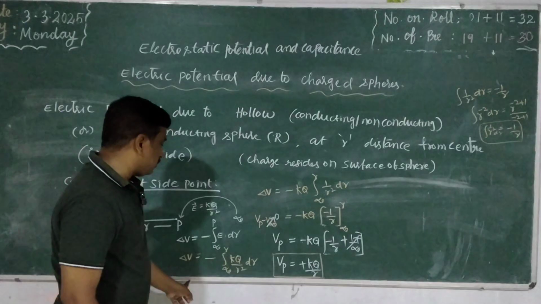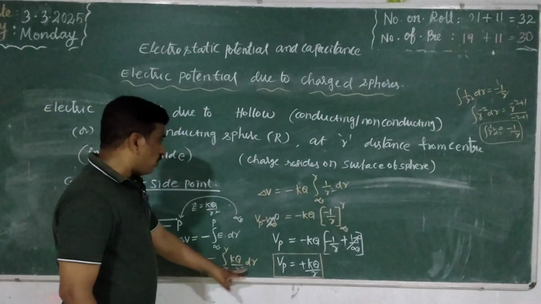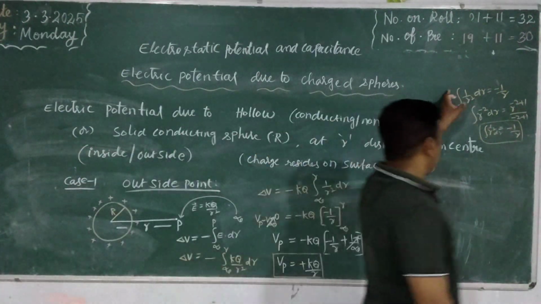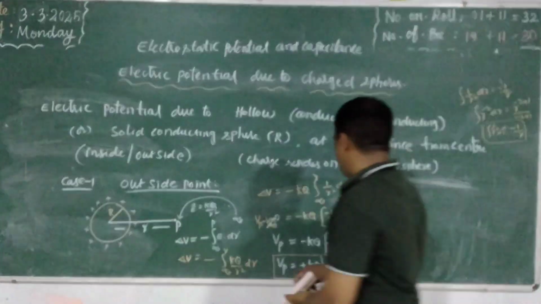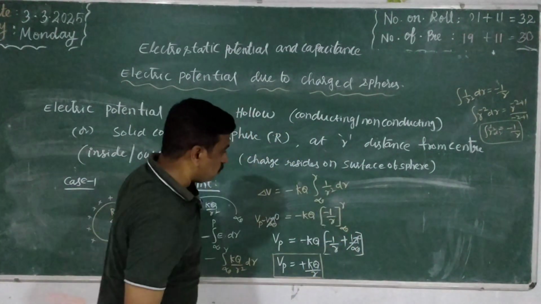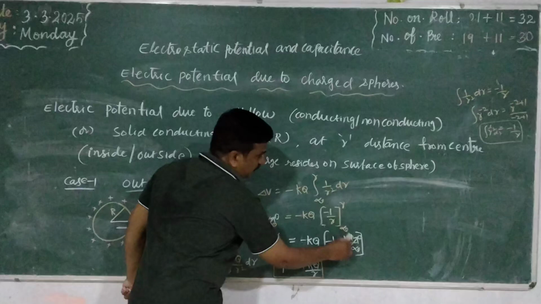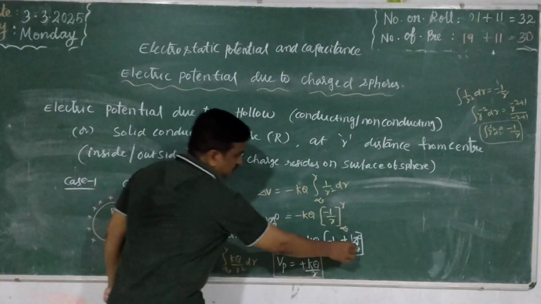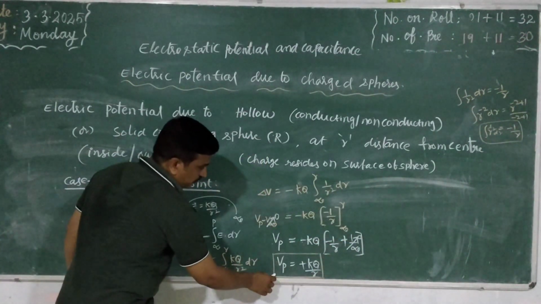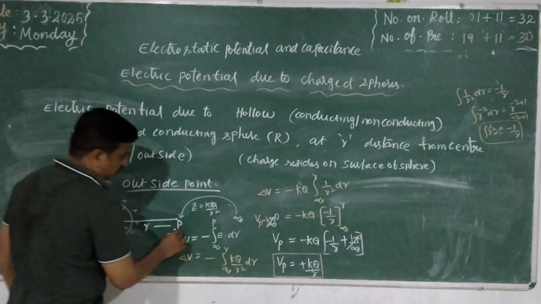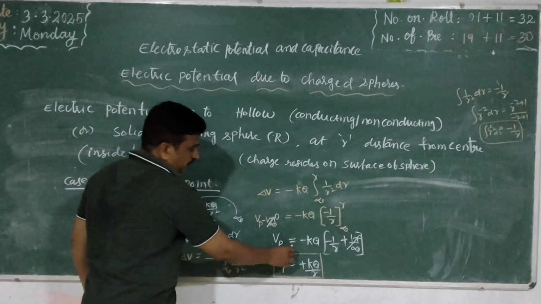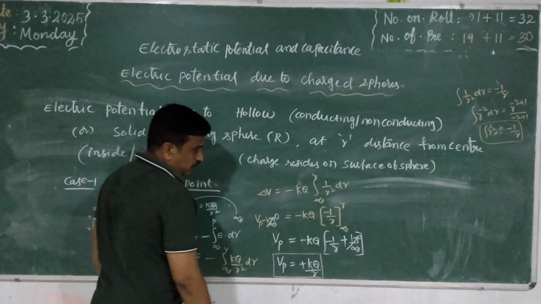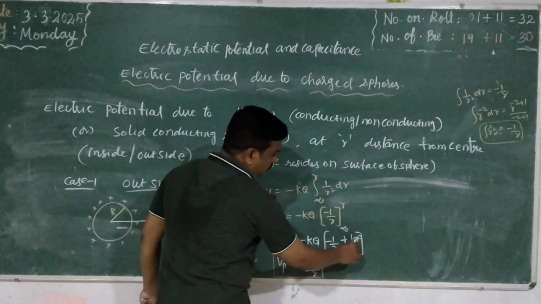KQ is constant, so outside we write minus KQ, then 1 by r square dr. The integration gives minus 1 by r, with interval infinity to r. First the upper limit, later the lower limit. 1 by infinity is 0. Delta V here to here means Vp minus V infinity, and V infinity is 0. So Vp, the potential at P, equals minus KQ times minus 1 by r plus 1 by infinity.